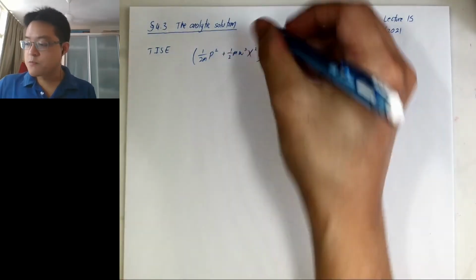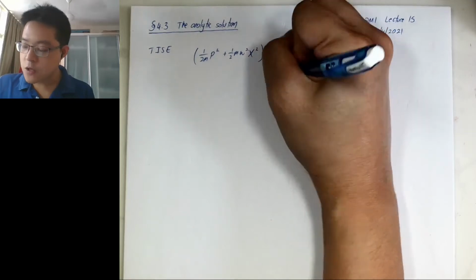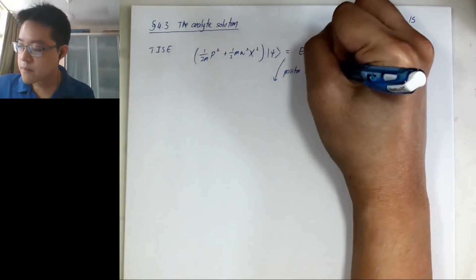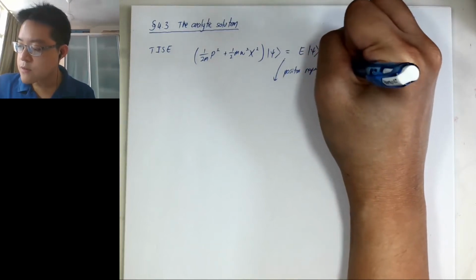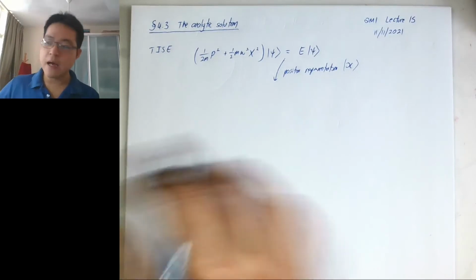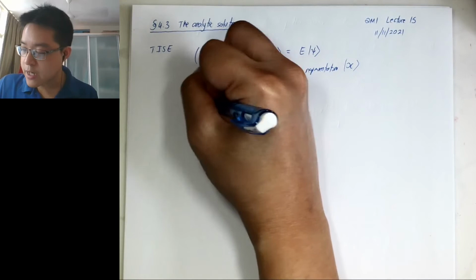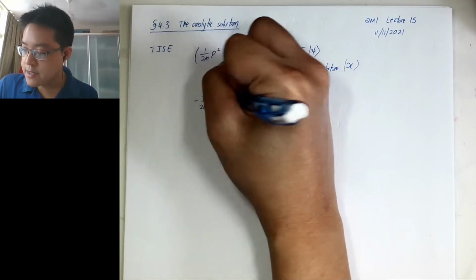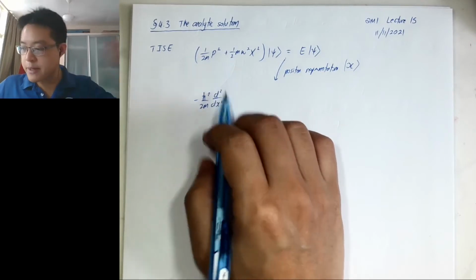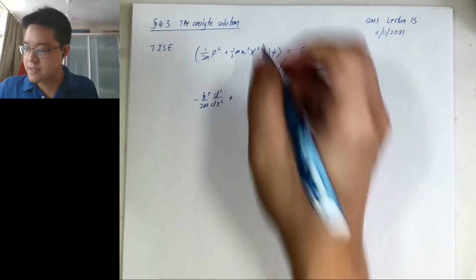In order to solve this equation using the analytic solution, we go to the position representation. That means we are using x as our variable. Using x as our variable, our harmonic oscillator equation takes this form. Momentum is h bar over i times the derivative, so momentum squared gives you this, and I think you guys understand this already.